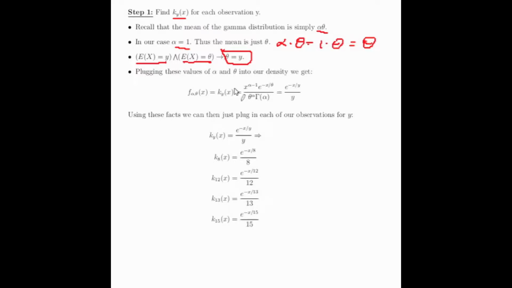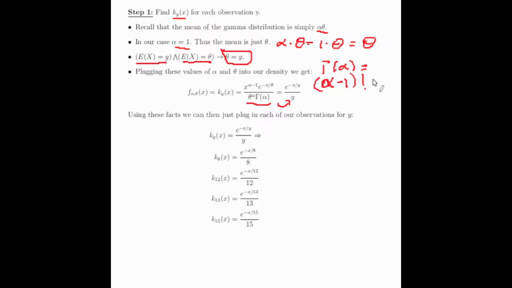So plugging both of these values of alpha and theta into our density, we see that this part right here simplifies to an exponential distribution with mean y. Observe that gamma of alpha is just equal to alpha minus 1 factorial in the case that alpha is an integer.